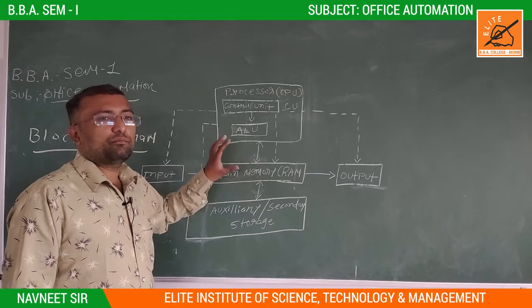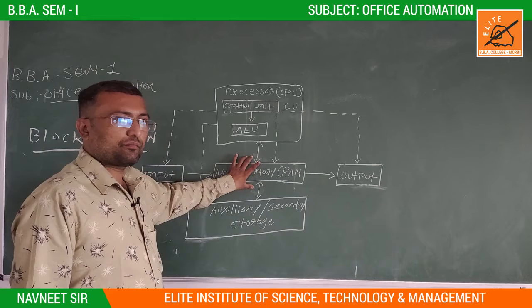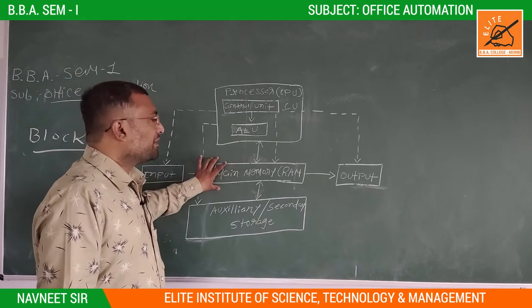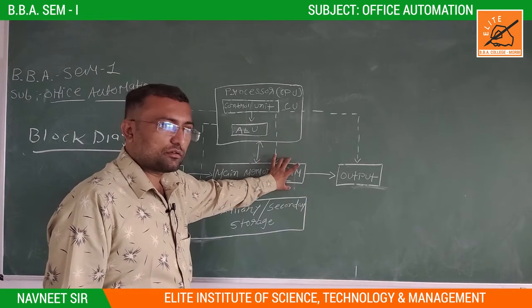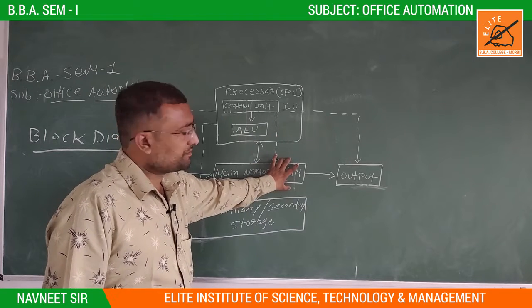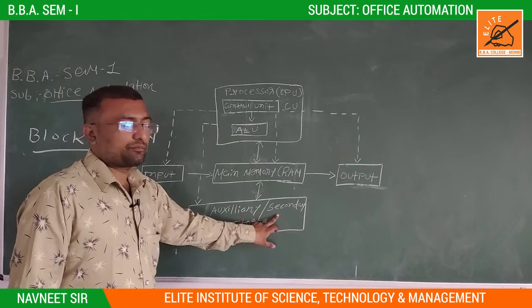Whatever current programs are running are loaded in main memory. So main memory is also an important part of the computer. Then auxiliary or secondary memory.